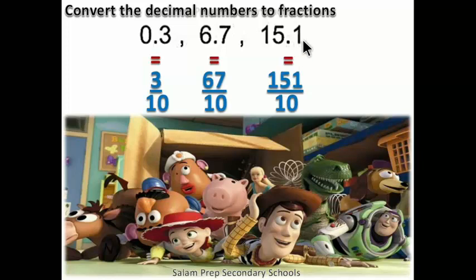Please write all the number without the decimal. 151, 151 over the decimal part 1 in tenths, so we will write 10 in the denominator.